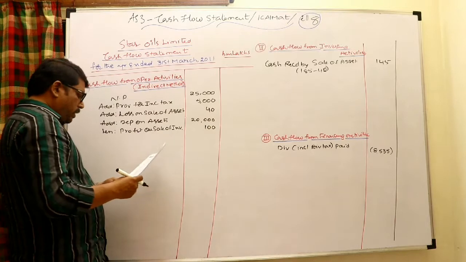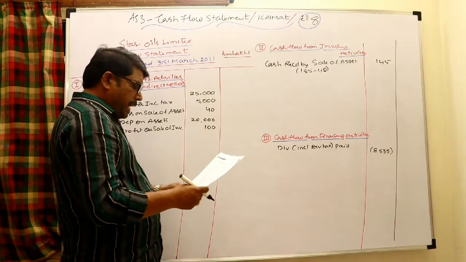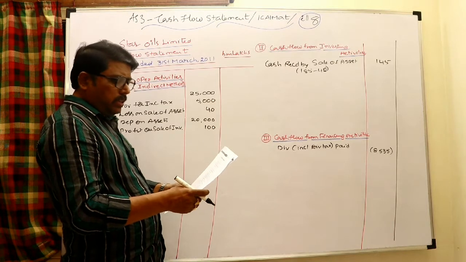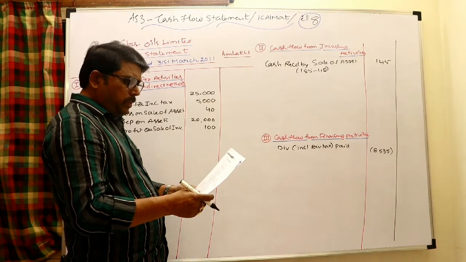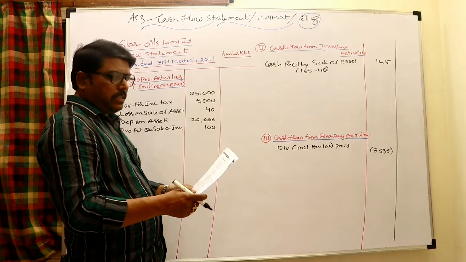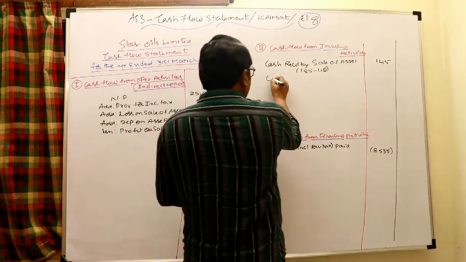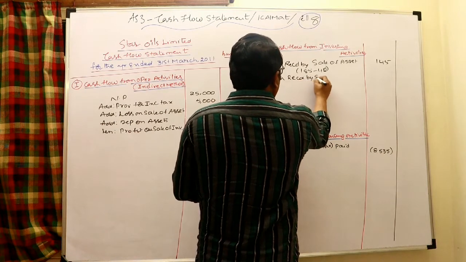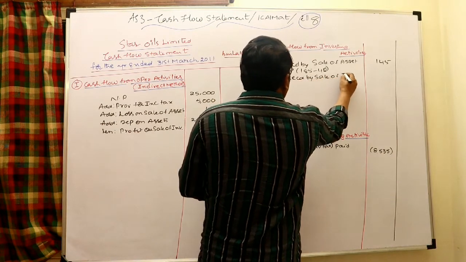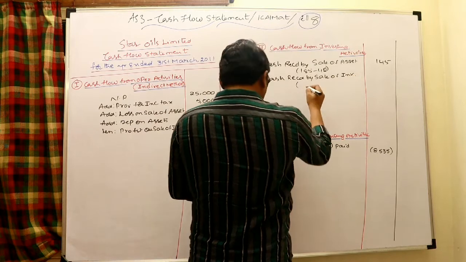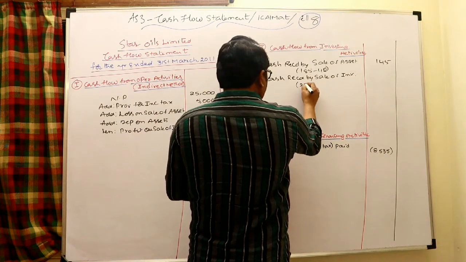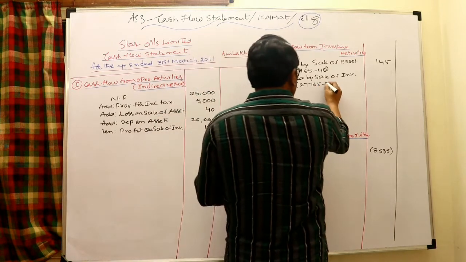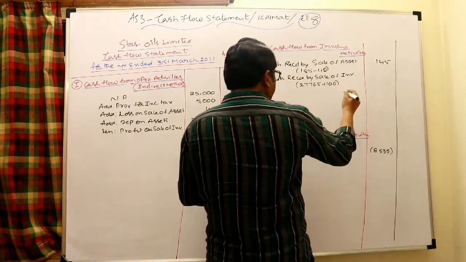You can withdraw here. But the carrying amount of investments sold, book value 27,765, sold at 100 profit, means the amount received by sale of investment is 27,865. It is an investing activity. Cash received by sale of investments, within bracket 27,765 plus 100, 27,865.